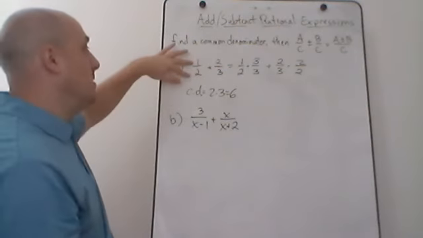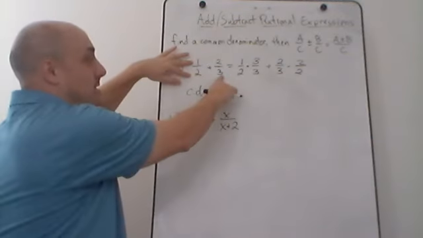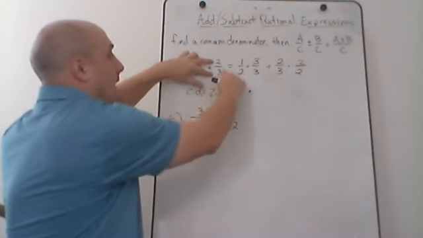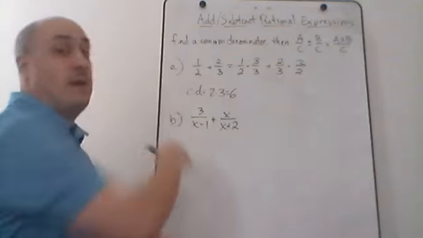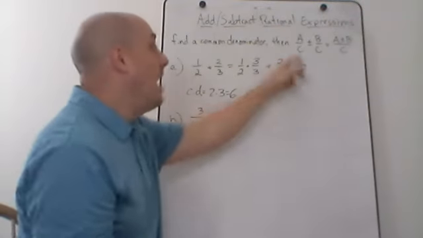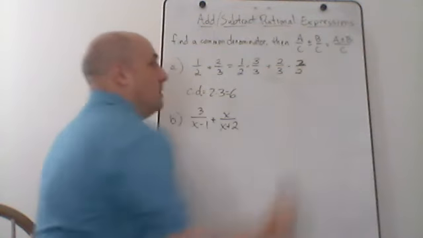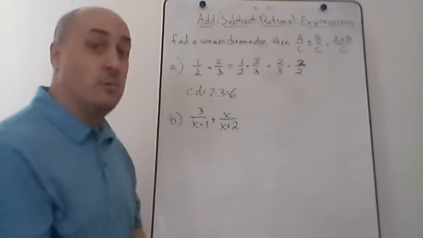This fraction here, the 1/2, I multiply the top and bottom by the denominator of 3. The fraction over here, the 2/3, I multiply the top and bottom by the denominator of 2 from that other fraction. And again, I multiply by the 2 on top and bottom because 2 over 2 equals 1, and I'm allowed to multiply by 1 without changing the value.